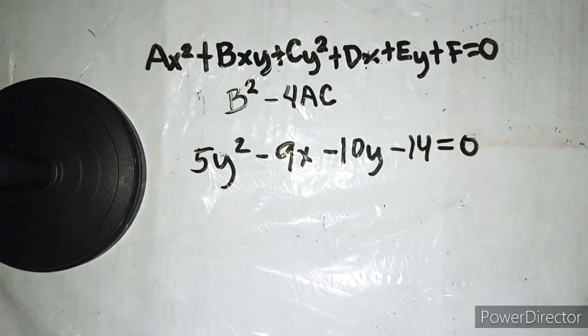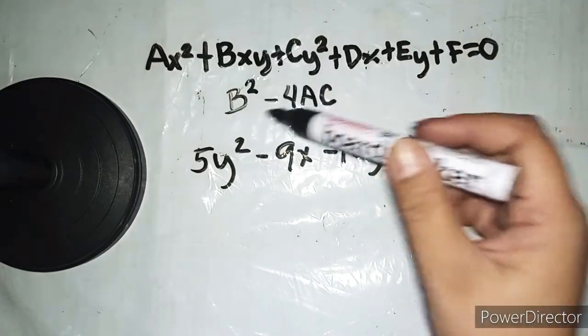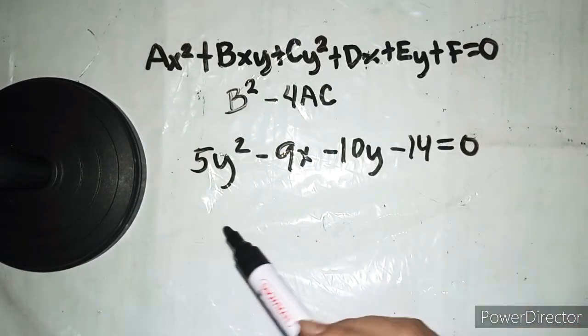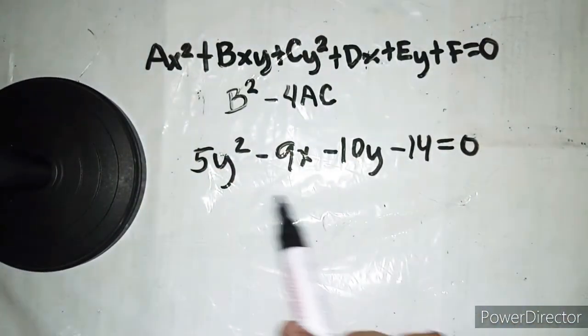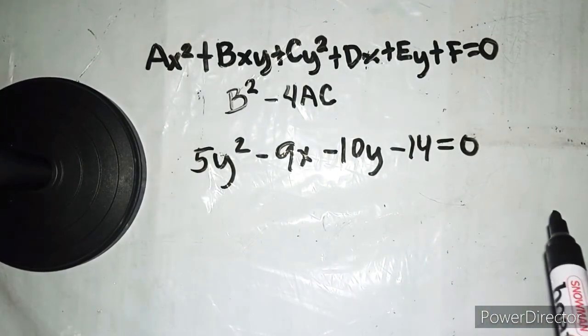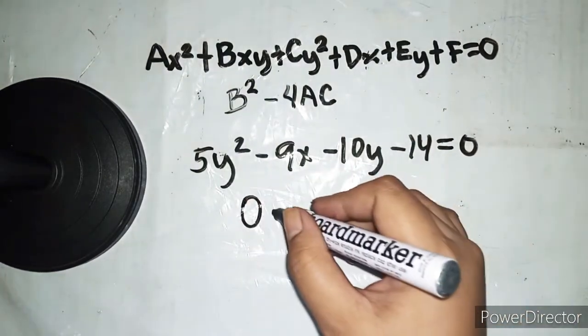First, we need to identify the values of a, b, and c. First, the value of b. In the standard equation, the term is bxy. Here in our equation, we don't have an xy term, so it means b squared is 0.